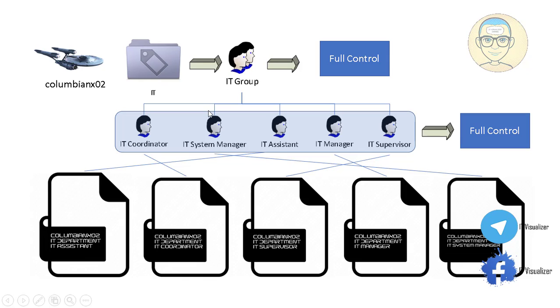Basically, when we use the DAC rules, we will only limit certain users to access certain files based on their Active Directory attributes, and we use these Active Directory attributes to tag the files. So if, for example, this coordinator, I go to his Active Directory attributes and change his title from coordinator to system manager, he will not be able to access this file anymore.